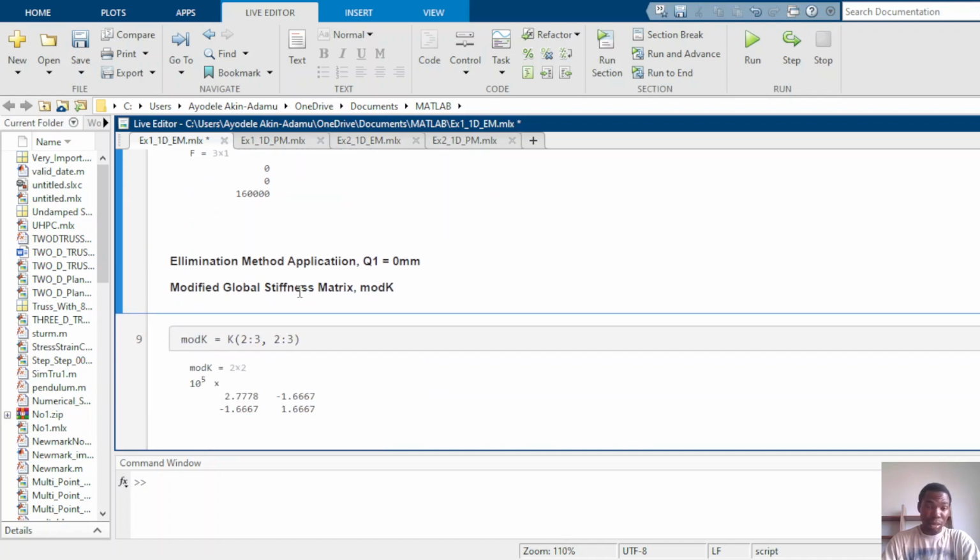The next step is for us to impose boundary conditions to our global stiffness matrix and our global force vector. In order to apply boundary conditions to our problem, we need to eliminate the rows and columns where we have support degree of freedom.